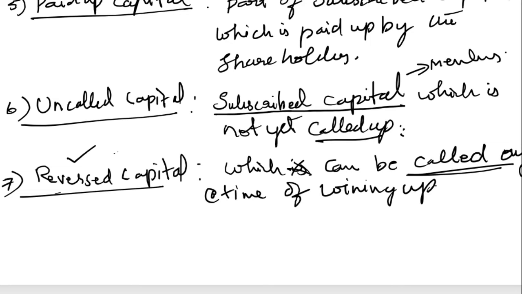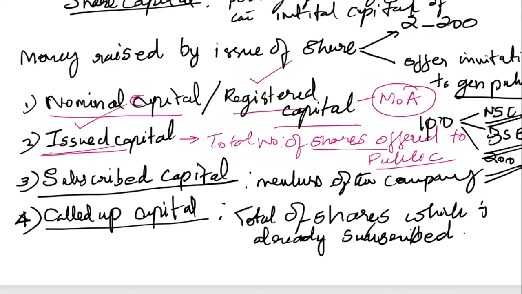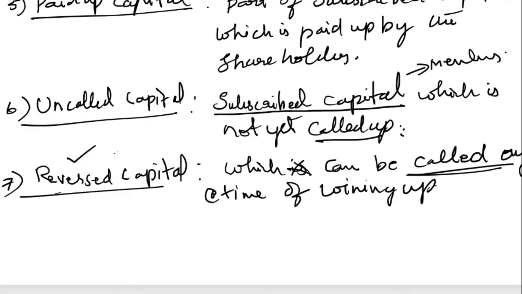So this is what exactly we learned about nominal capital, issued capital, subscribed capital, called up capital, paid up capital, uncalled capital, and reserve capital. All right. So don't think every company has all the seven types of capital. Never. It is the company's discretion, or the demand of the business, or the decision taken by the management or the board of directors as per strategic decision making.